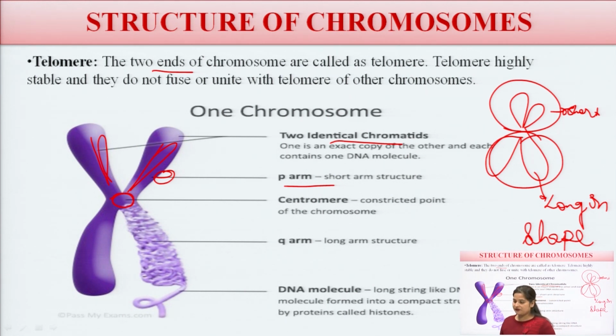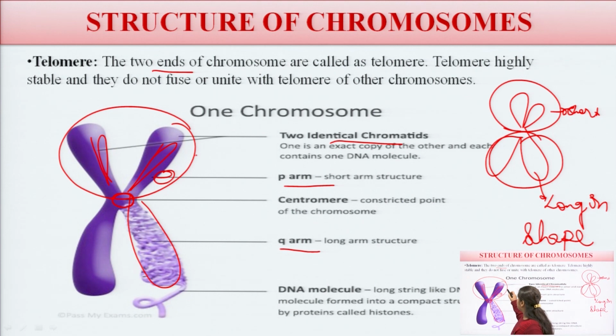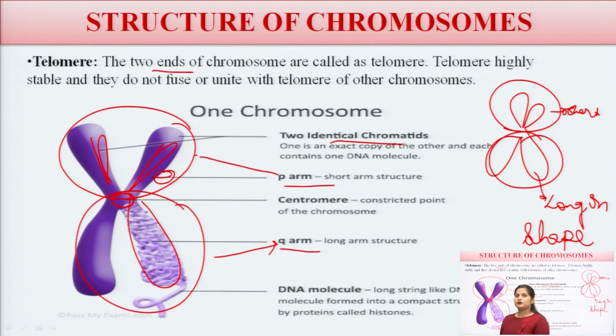This is the centromere, the constricted point, the center part of the chromosome, and this lower part is known as the Q arm. The Q arm is longer than the P arm. So, this upper arm is the P arm, and this lower arm is the Q arm.